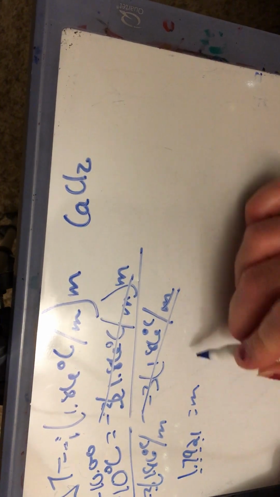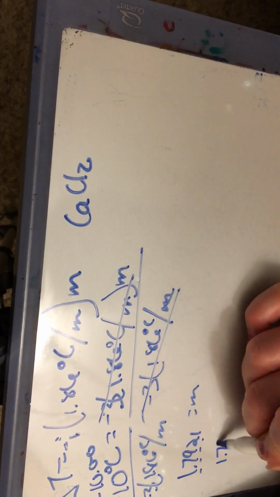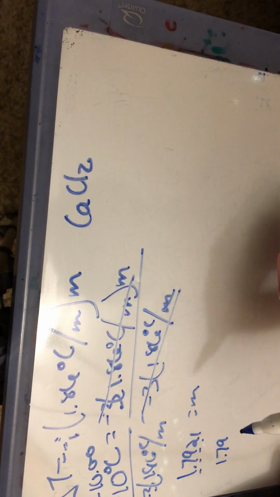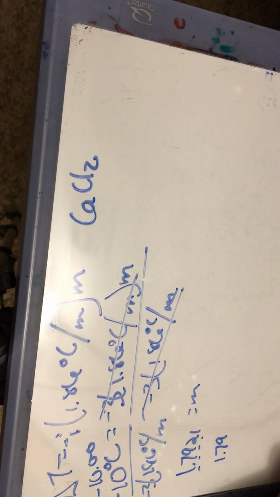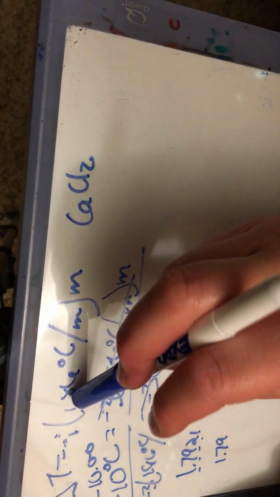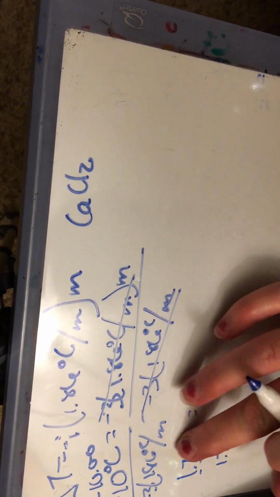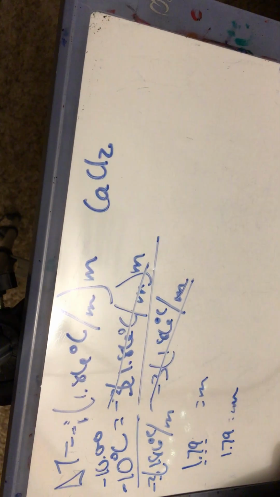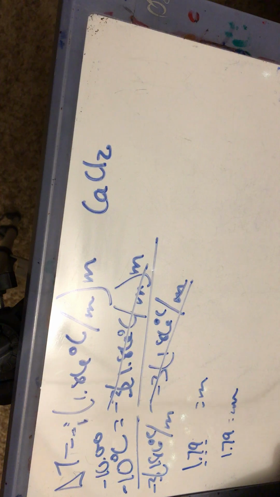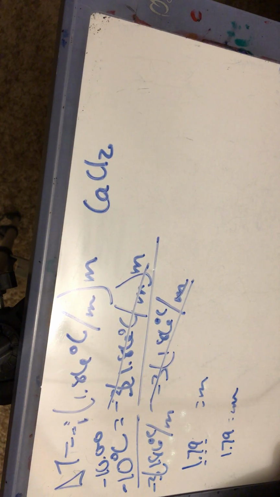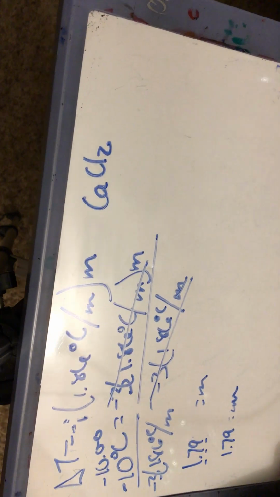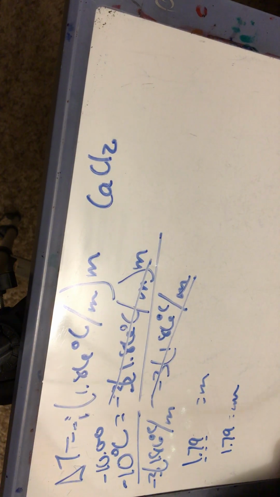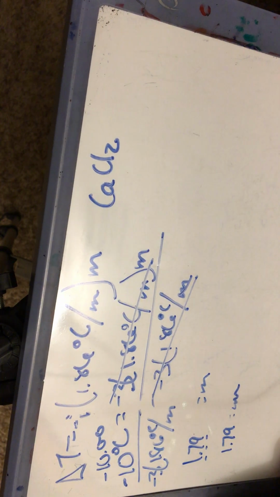So I'm going to say that molality is 1.792 molality, unless they're going with that one, which I bet so. Yep, that's right.